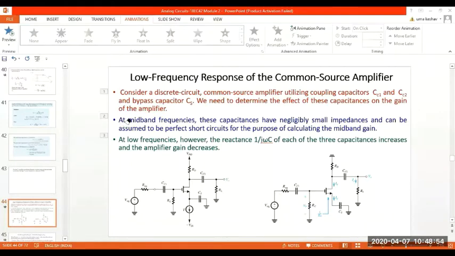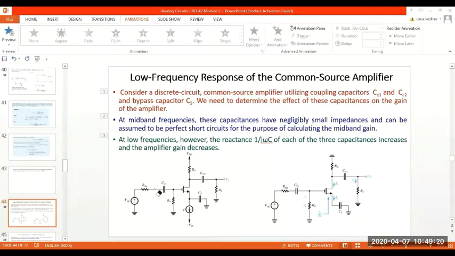Okay, so what happens now? I have considered the common source amplifier circuit with all these capacitances CC1, CC2, CS. Remember, now I can't neglect them because they will not be completely bypassed or short circuited. Why will they not be completely short circuited? Because the frequency is low.